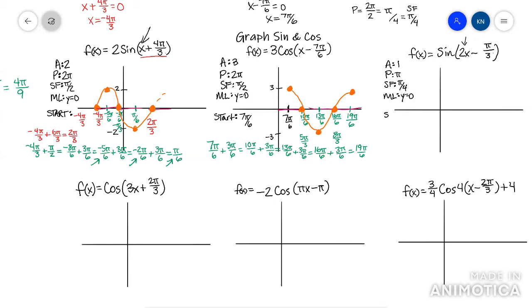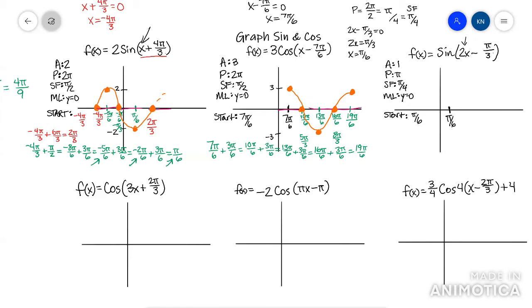And then the start. Now the start on this one, you would have to set 2x minus pi over 3 equal to 0 and solve this. Divide by 2 and you get pi over 6. That's your start. So I'm going to start here at pi over 6.